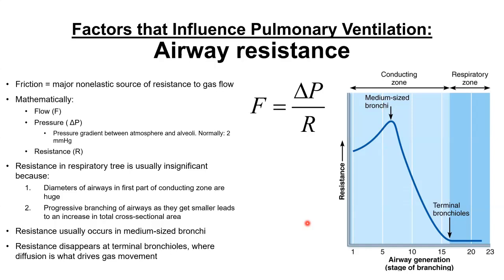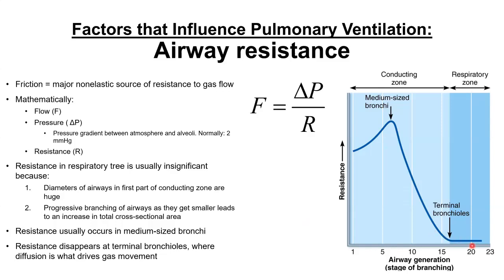Even though those passageways are super tiny, there are so many of them that it kind of wipes out the idea of resistance, because there are so many different pathways to take. There's just not a whole lot of resistance in the terminal bronchioles and respiratory zone.